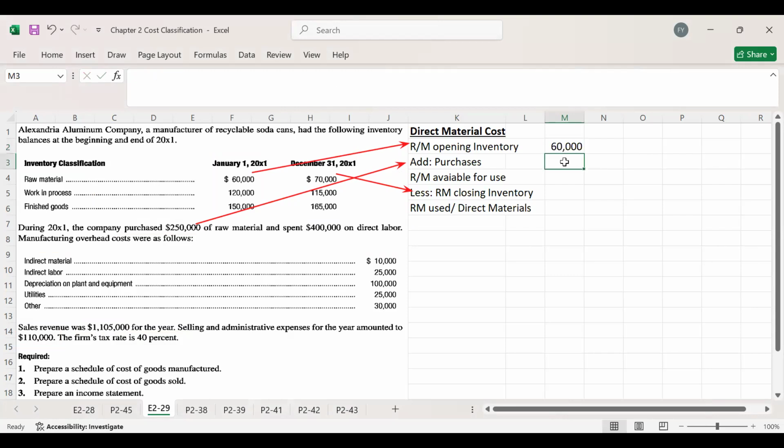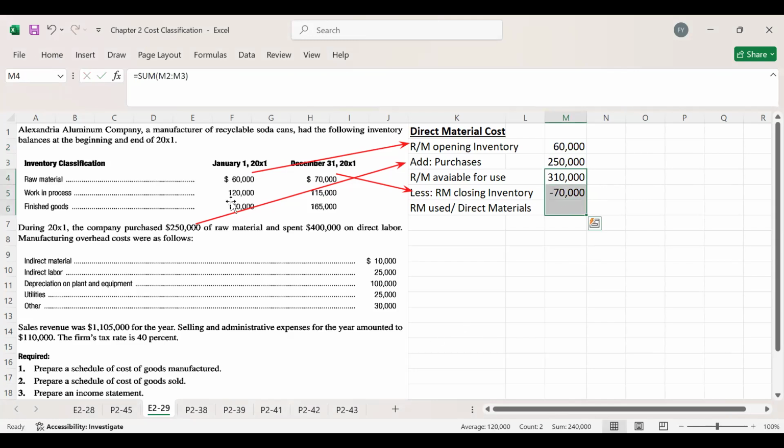Then we add purchases. The amount of purchases is 250,000. We add both of the amount, and then we will deduct raw material closing, which is 70,000.